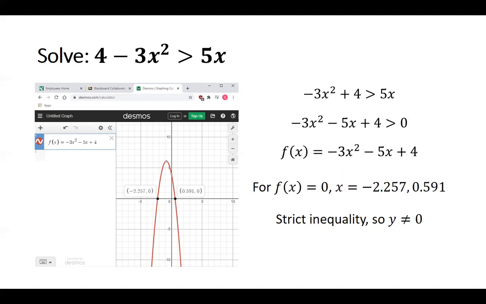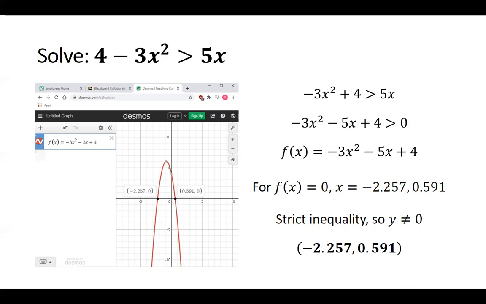Therefore, I'm looking for when it's greater than 0, so that is in the interval from negative 2.257 exclusive to 0.591 exclusive. And that's really all there is to solving quadratic inequalities.